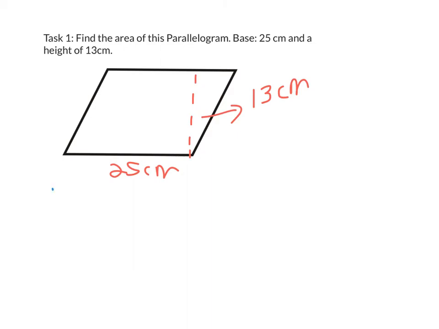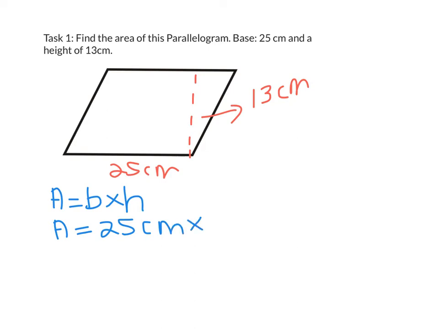Again, I start off with my formula, which is area of a parallelogram equals base times height. Area equals, my base is 25 centimeters times 13 centimeters, which is my height. Then I can do the multiplication on the side if I need to.